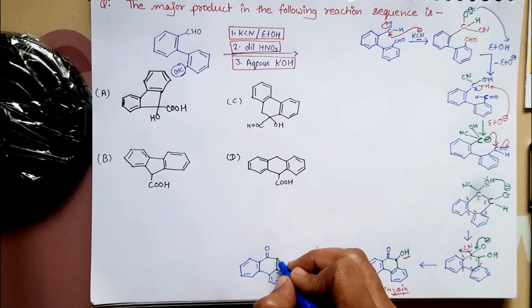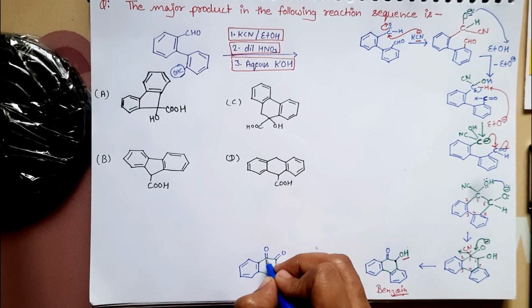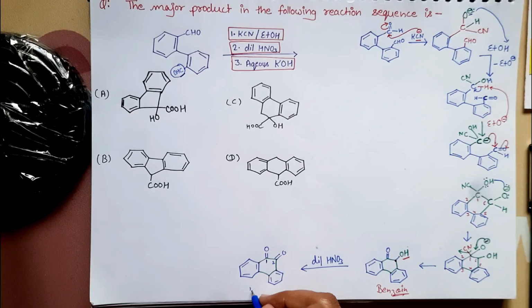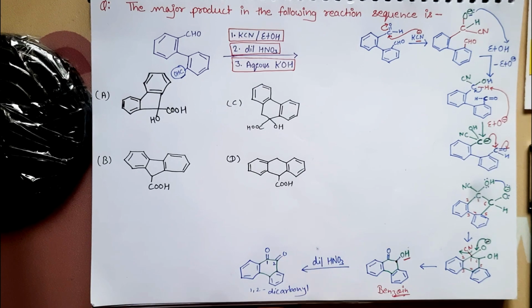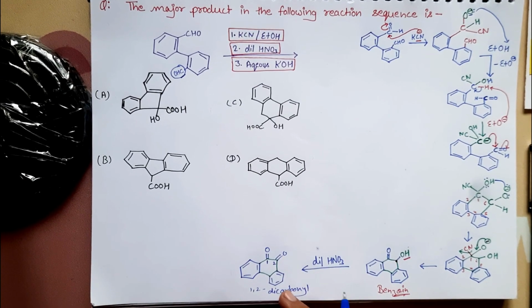Like here also one carbonyl. So here we get 1,2-dicarbonyl.